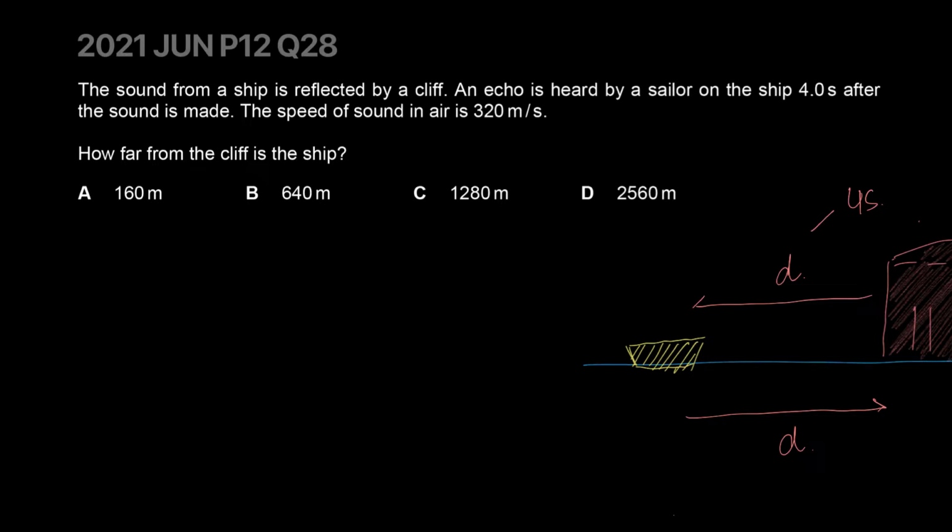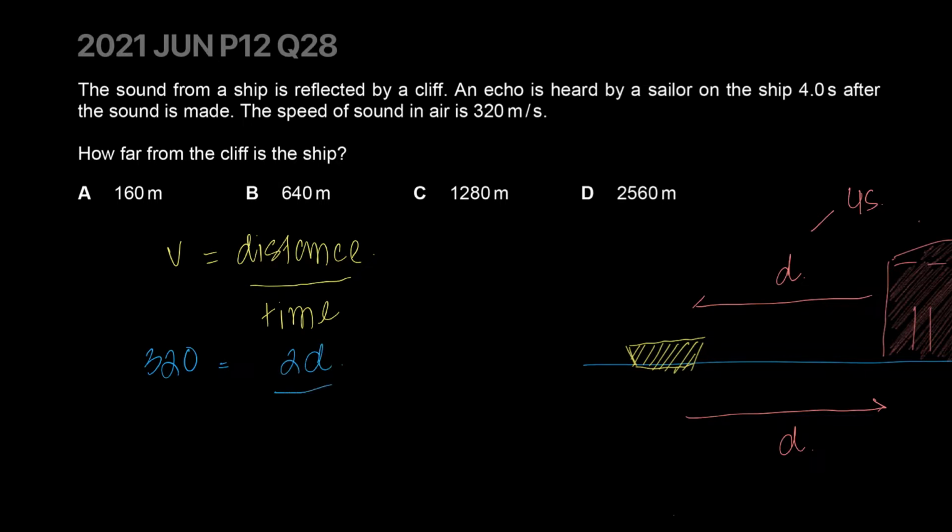So velocity is given to us by distance over the time it takes, and velocity we know. It's in the question that sound is 320 meters per second. Distance traveled is actually 2d.